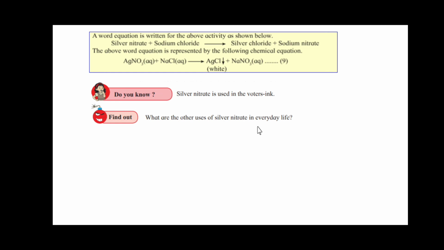It is used to treat wounds and burns on the skin due to its antiseptic property. It is used in making mirrors. In addition to this, it is also used in different explosives, which include silver fulminate, silver acetylide, and silver azide. These are the various applications of silver nitrate.